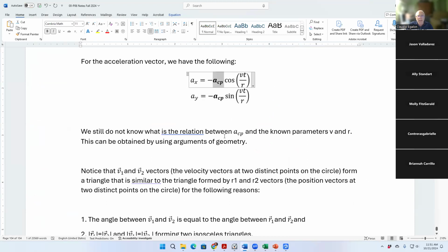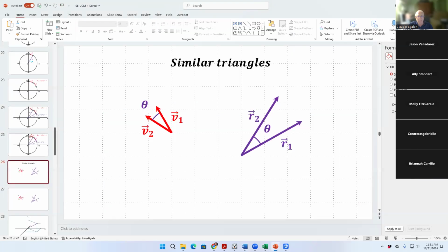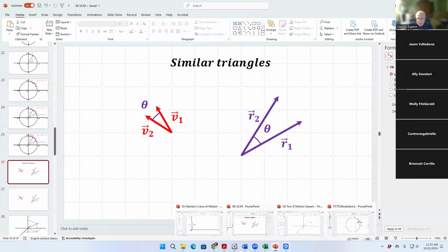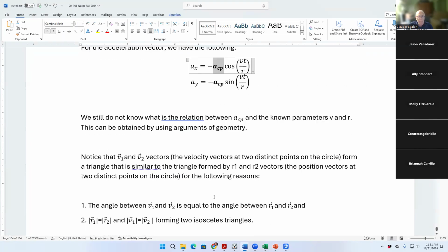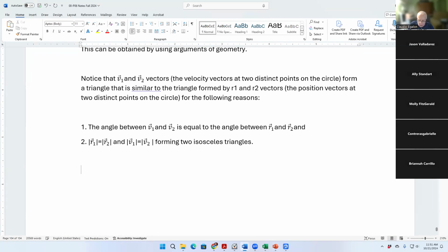Now, what about this guy here? We can prove what this guy is. Recall that our ACP is in reality our acceleration A. There is no tangential component of the acceleration.